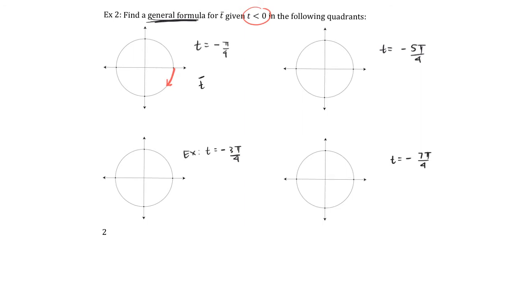Let's see, we've got negative 3 pi over 4, negative 5 pi over 4, and negative 7 pi over 4.